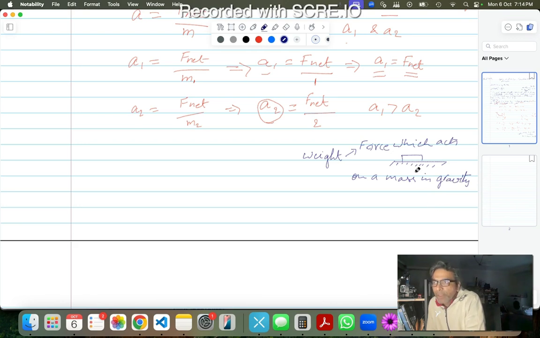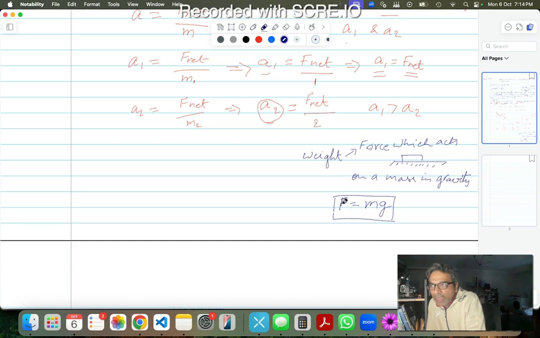Because it's a force, if we have m as in mass, what will be the acceleration under gravity? g. That's how we get F equals mg.